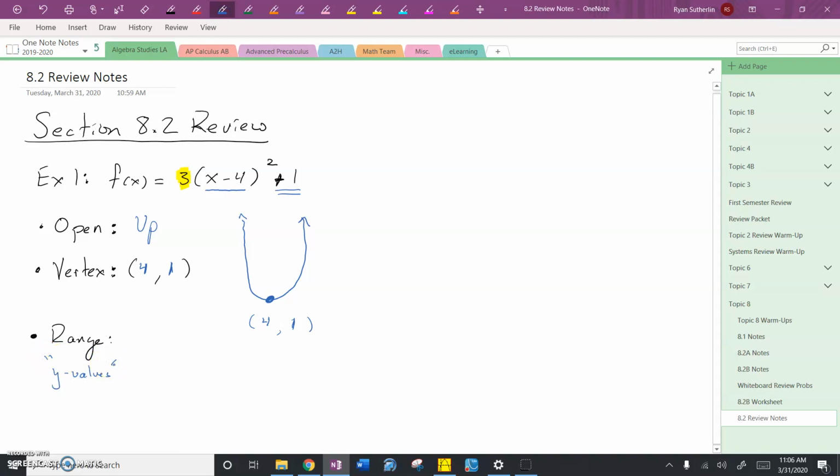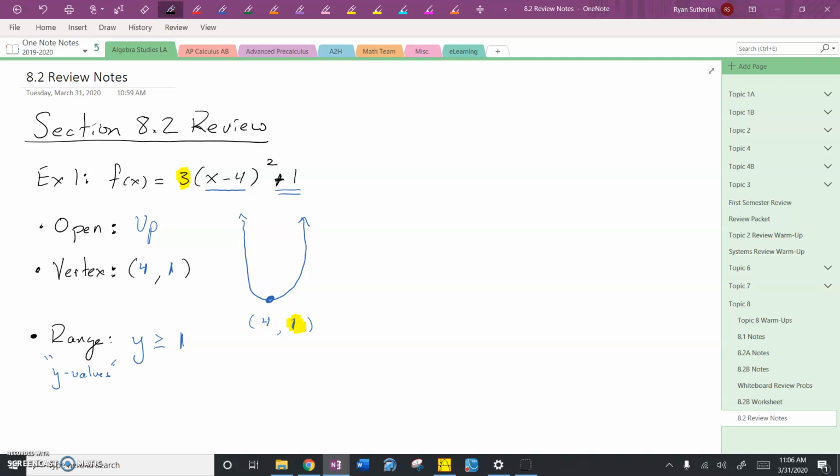And so if I look at this graph, I can see that it's opening up and that this y value 1 is the smallest y value there is. So that means all my other y values have to be greater than or equal to 1. So these are some of the things that we did with the equation of a quadratic in vertex form.